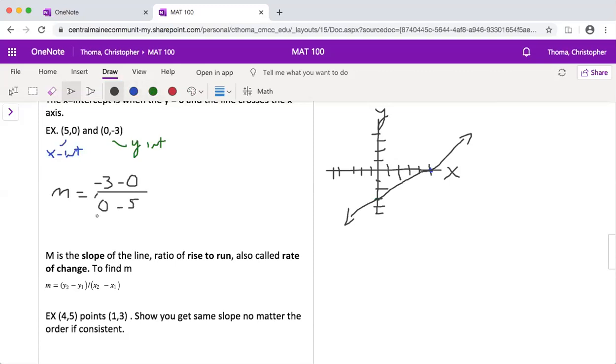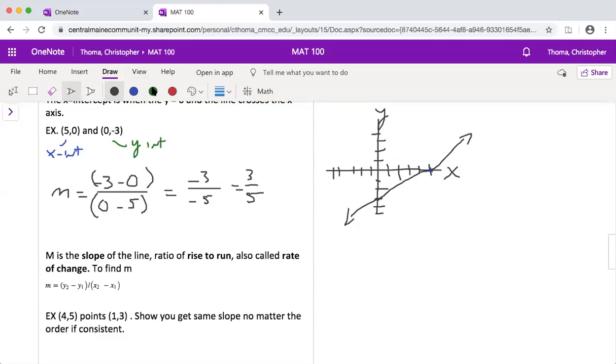Put everything in parentheses to make sure we don't mess up our order of operations. So -3 minus 0 is -3, 0 minus 5 is -5, and negative over negative is a positive, so my slope is 3/5.